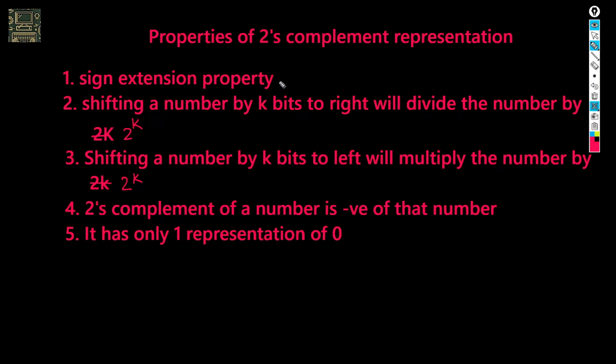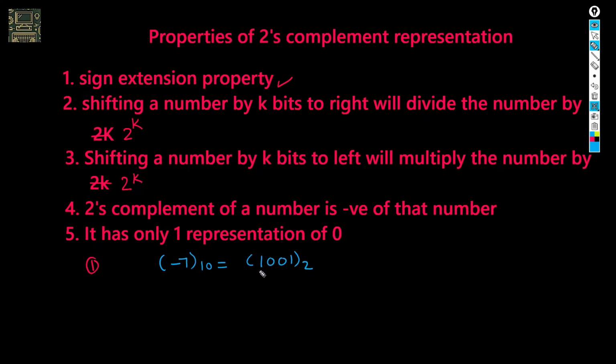So the first property is the sign extension property. Sign extension property says that if I have a number minus 7 in decimal, we have seen the representation of this number: 1001 in binary.